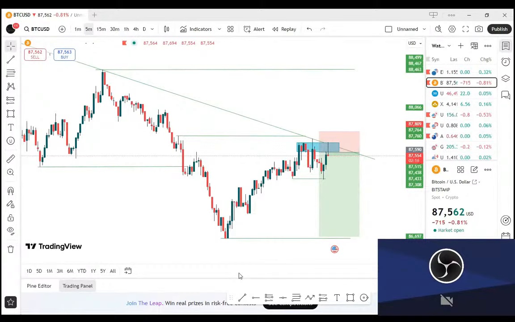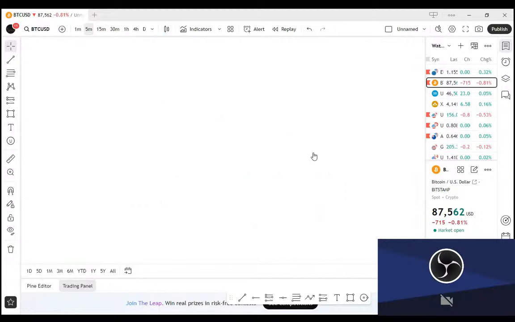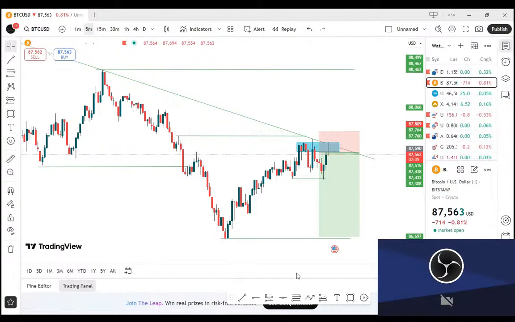Modify. Set it. Hope you can see. TP is 869697. Let's see how it goes.